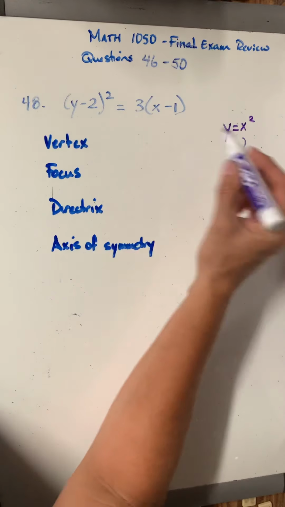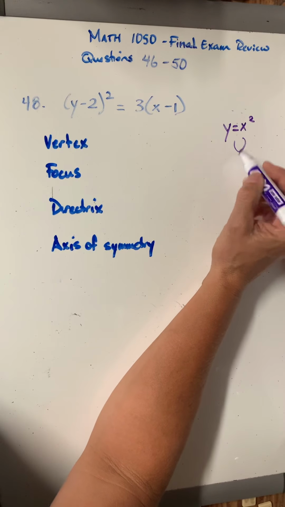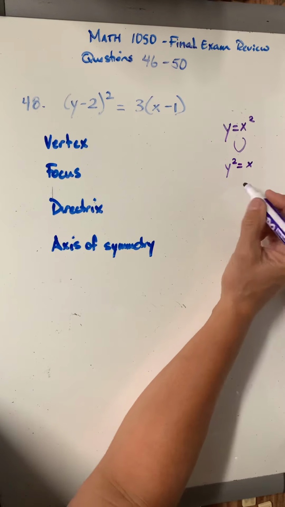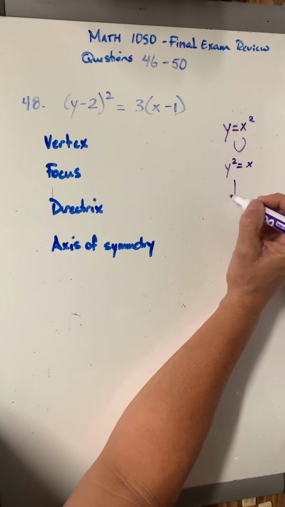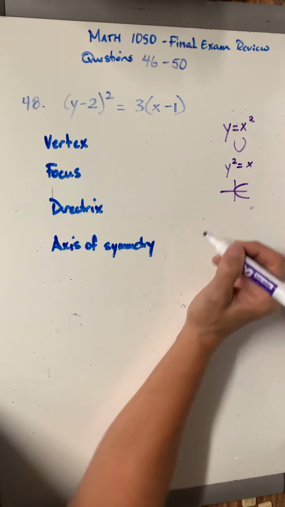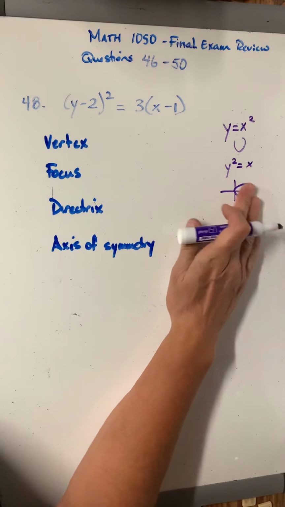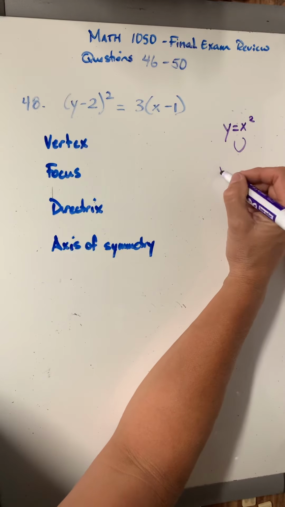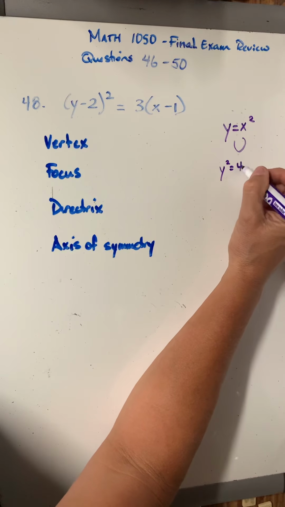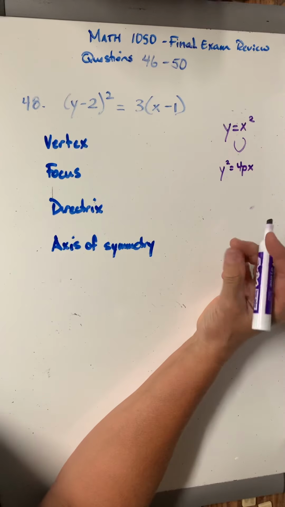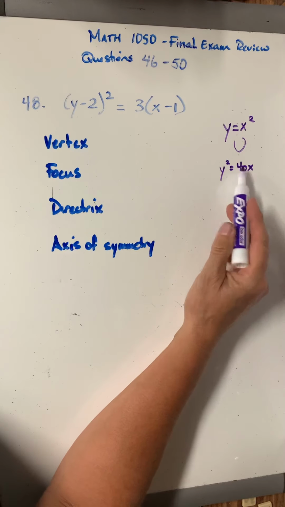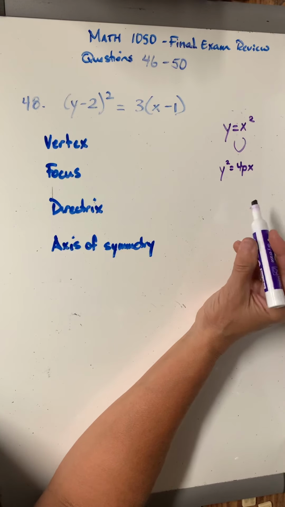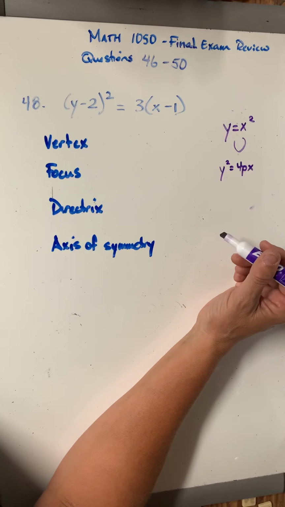Okay, so if the y is being squared, instead of it being an up or down question, it's going to be a left or right question. So a positive y squared is going to make this thing go to the right. So far I know it goes to the right. And I believe you have this formula in your formula sheet or whatever. But they put this little 4p in front of it, in front of the non-squared term, and that's going to come into play in just a second.